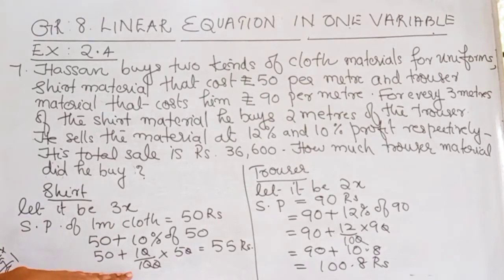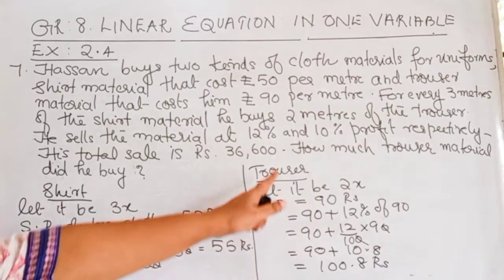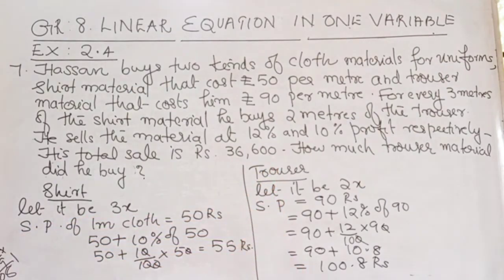He is taking a 10% profit on the shirt, that's why it becomes 55. And for the trouser, it is 100.8. And we know that he is buying 3x meters of shirt material.